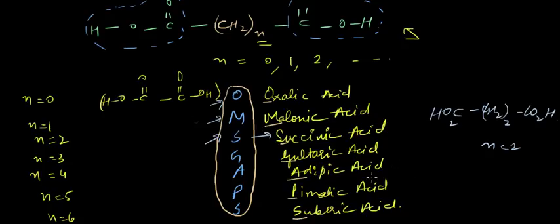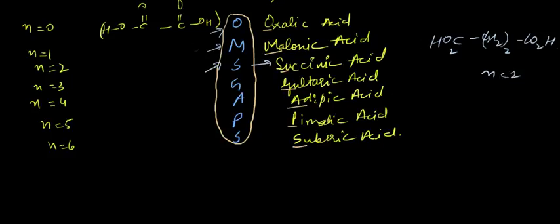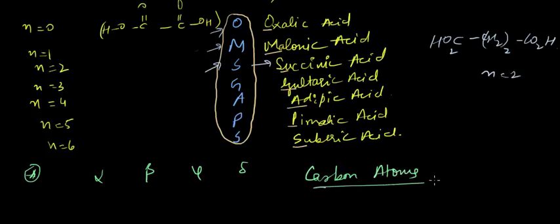so just one more thing I want to tell you, that they are also called alpha, beta, gamma and delta carbon atoms. For example, if we are saying that a carbon atom is an alpha carbon atom, what do you mean by that?